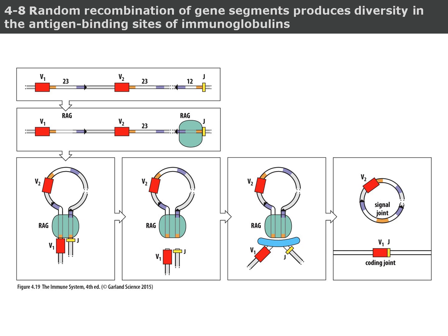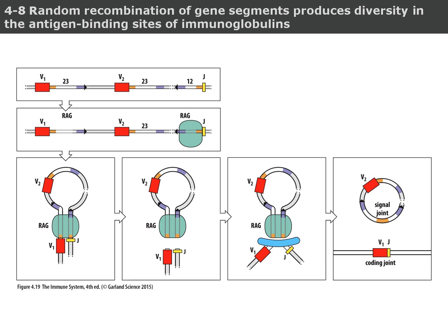Then, enzymes open the hairpins, trim the ends, and add nucleotides randomly, further increasing diversity. Finally, the segments are ligated together. This results in two distinct products: a signal joint, which is discarded, and a coding joint, which forms the functional VJ exon that encodes the variable region of the antibody.